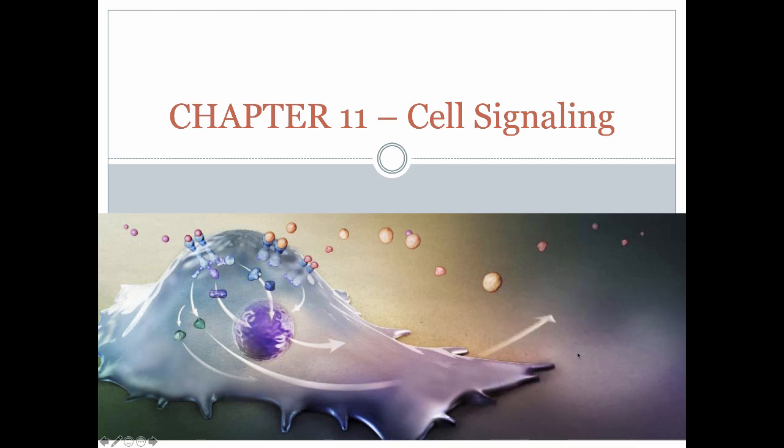The goal of this topic is to introduce you to how cells communicate with their environment. Cells need to be able to communicate with the extracellular environment, and they do so through a general mechanism called cell signaling, which incorporates many different types.